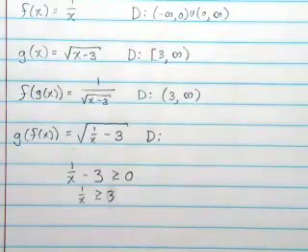Okay, so what values of x would make 1 over x greater than or equal to 3? So including 3 to infinity. So if I plug in a 3, is 1/3 greater than or equal to 3? Does that work?